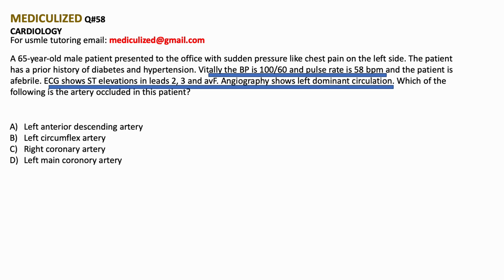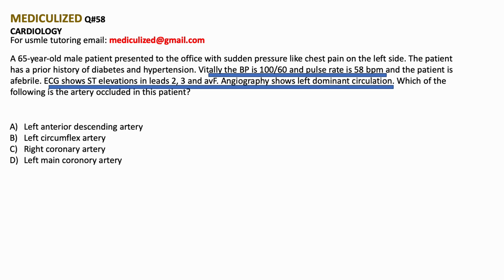Remember, left dominant circulation is not very common. About 8% of the population has left dominant circulation, and about 88% of patients have a right dominant circulation, so the majority of patients. Now, what does that even mean, when we say left dominant or right dominant circulation of the coronary arteries?